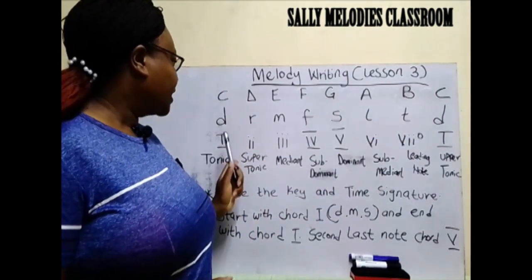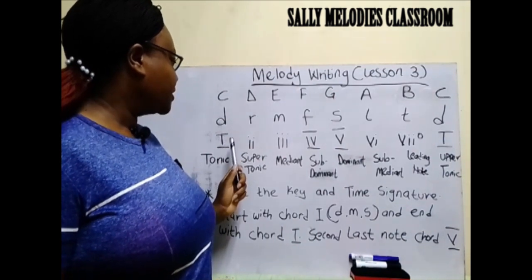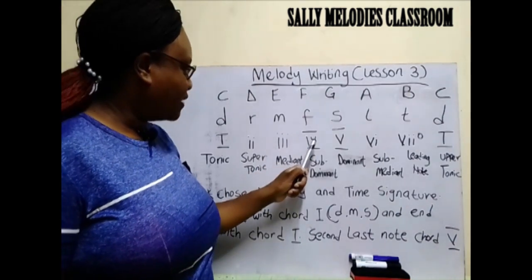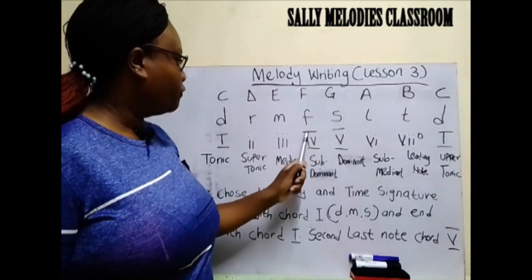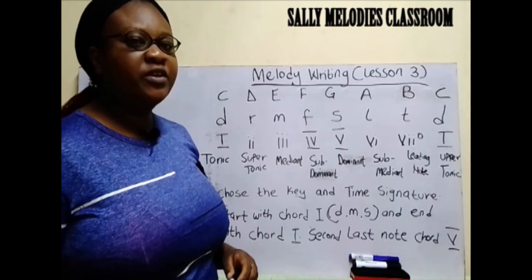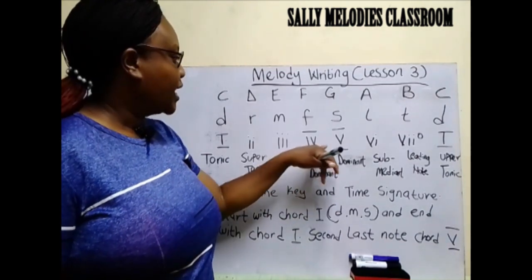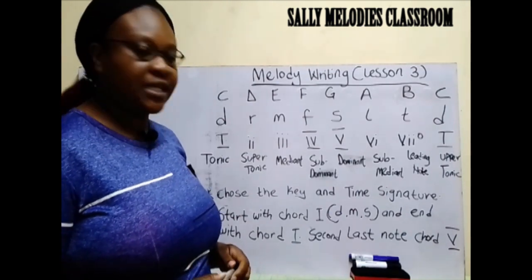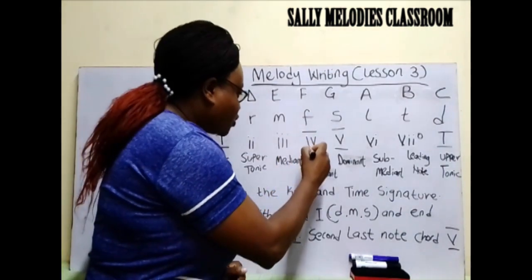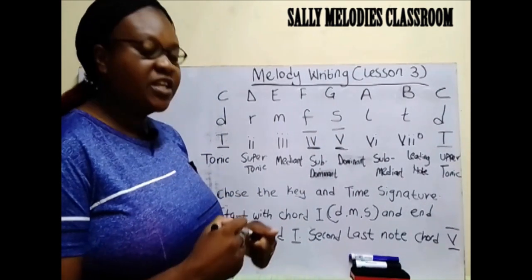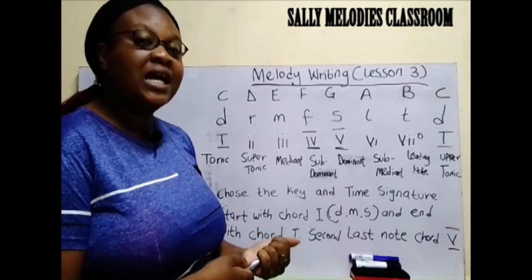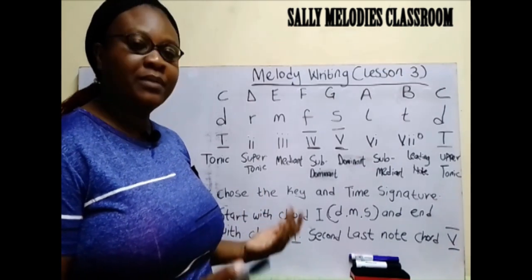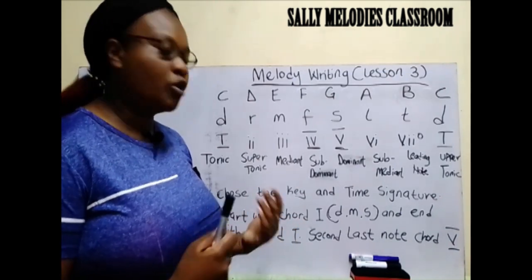Like number 1, it is in capital Roman, and then number 4 and number 5. So chord 1, chord 4, chord 5 have been labeled in capital Roman with a reason. So it's not a mistake. They have been labeled that way with a reason. The reason being they are major scales or primary scales or primary chords or major chords.